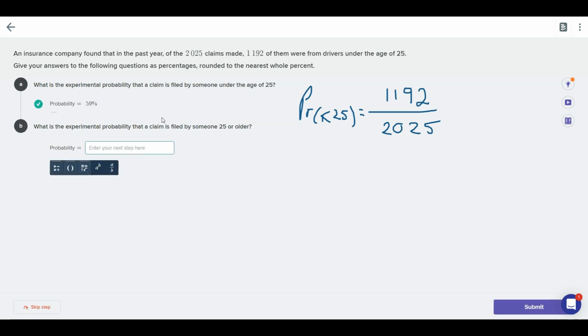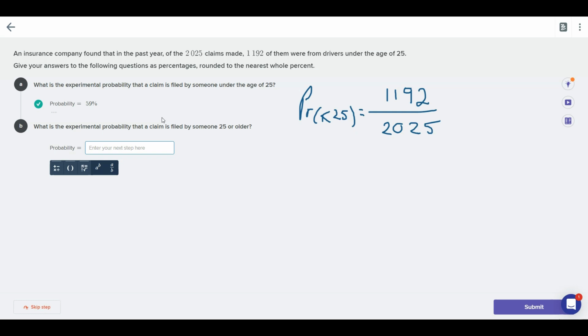What is the experimental probability that a claim is filed by someone 25 or older? Now this is interesting, and I wish I was planning to do this, but I honestly didn't. If you remember, just before I talked about that if we have had every possibility, our overall probability needs to equal 1. We found a probability of 59% is going to be under 25.